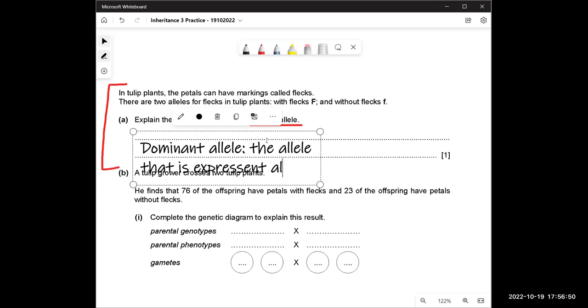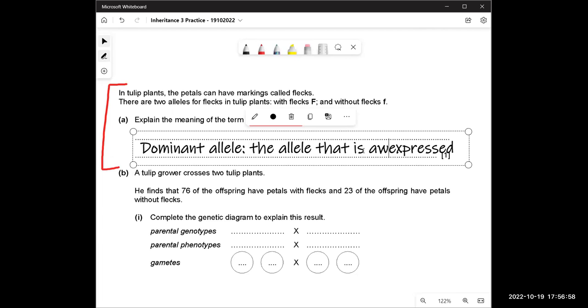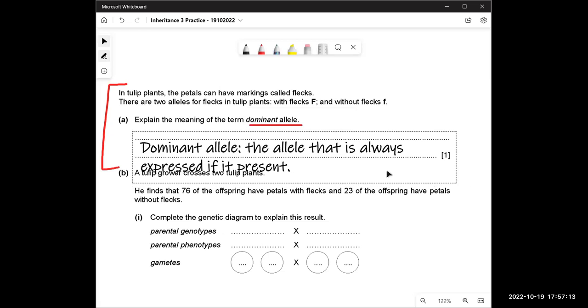The allele that is expressed. Expressed, not gametes. Expressed if it is present. That's the definition. Write it, tell me when you're done. Sir, it's not about genes?